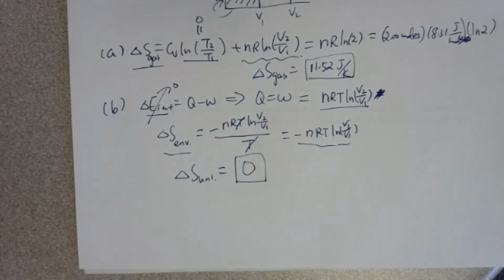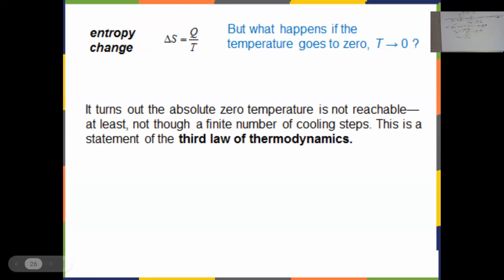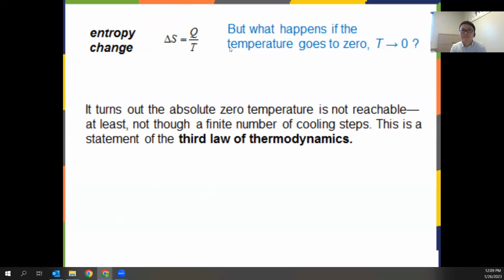Okay, going back to the slide. We have talked about the entropy change definition, delta S equal to Q over T. Now, could there ever be a chance that T goes to 0? The answer is no, we haven't found it.